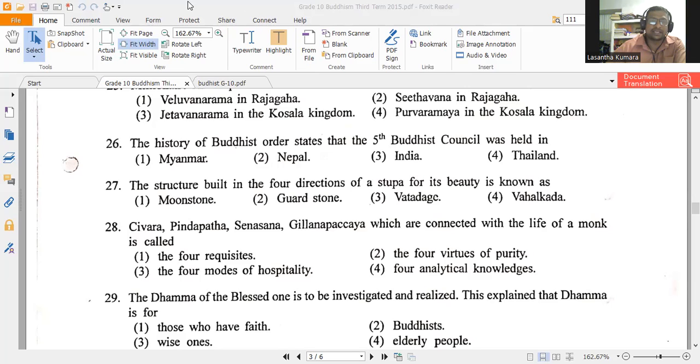The 4 requisites, right? Let's try to understand some English words for these words. Chivara, what do you call Chivara? Cloth. Yeah, it's a cloth you can use. The robe. Robes, yeah, definitely. The most appropriate word is robes, R-O-B-E-S. The Pindapata, what would be the word for it?